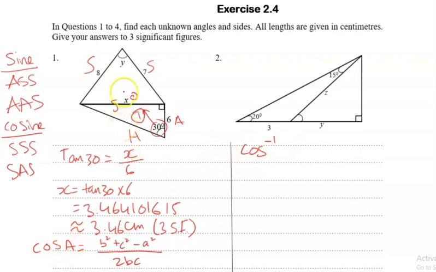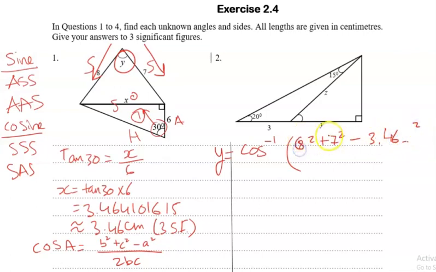So remember, instead of a, we're going to be writing y. So y is going to equal cos inverse of b squared plus c squared. Now if this is the angle you're working out, the 2 adjacent sides are going to be b and c. So 8 squared plus 7 squared minus 3.46 squared, divided by 2bc.